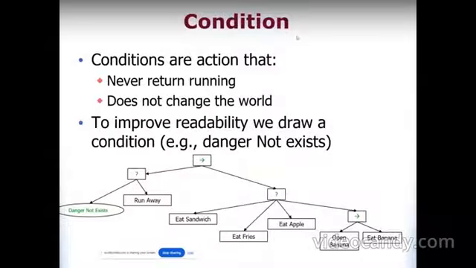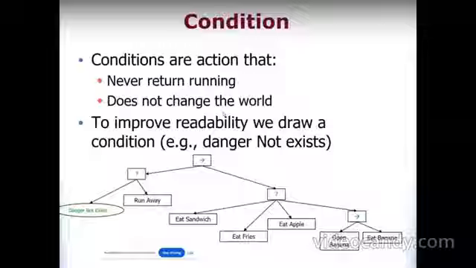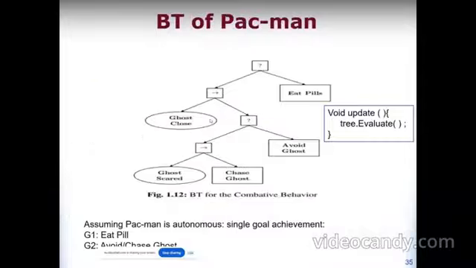As you can see here, a condition is a strict way to model the scenario in a behavior tree, and you can make it simpler, and you can also go into more detailed behavior. Here's an example of a behavior tree of Pac-Man.